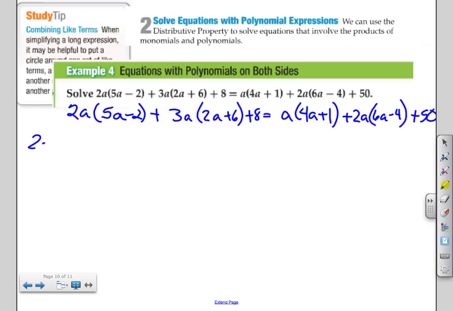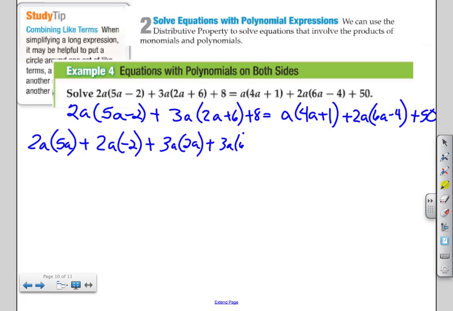So 2a times 5a plus 2a times negative 2 plus 3a times 2a plus 3a times 6 plus 8 equals a times 4a plus a times 1 plus 2a times 6a plus 2a times negative 4 plus 5.